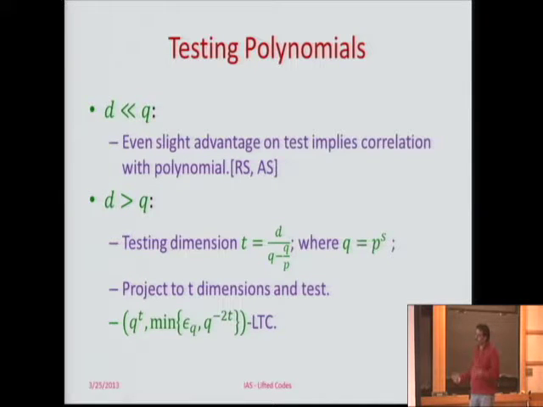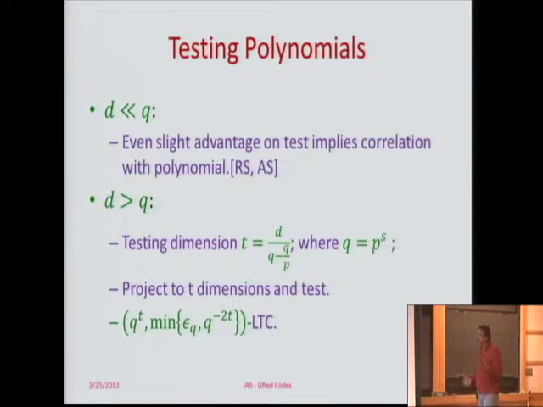Well, this quantity is somewhere between q and q over 2. So within a factor of 2 of the decoding dimension, you get this testing dimension. So you take your function, project it to a t dimensional subspace, and then ask the question, is this a polynomial of degree d? Clearly it's a legitimate question to ask. Every polynomial of degree d would satisfy this property.